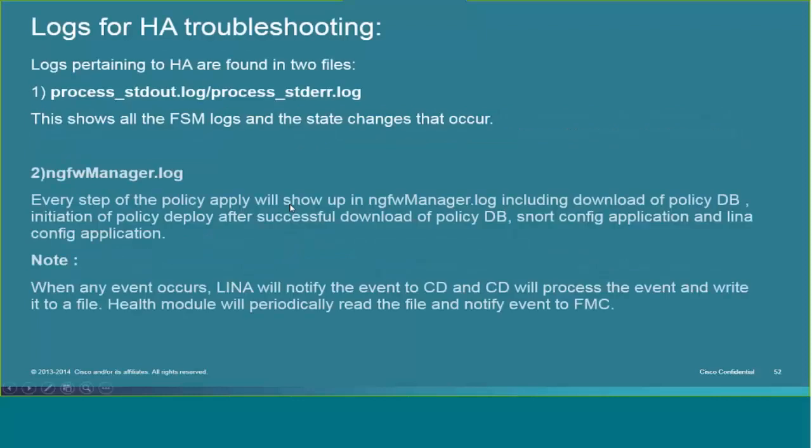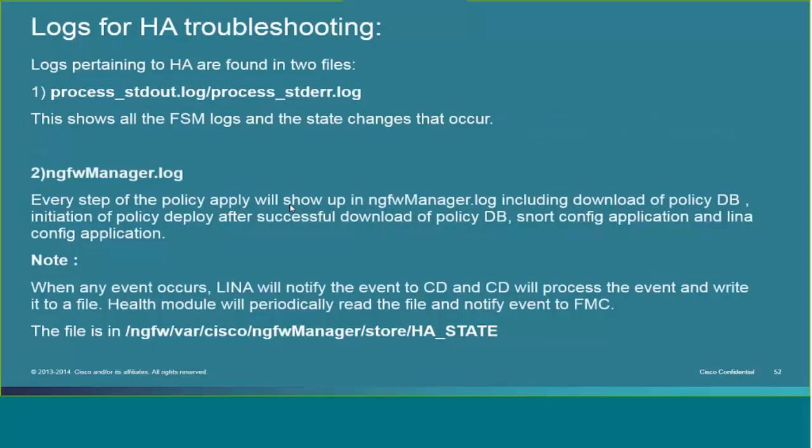So now there are certain log files that we here in TAC check when there is an issue on the FTD HA. There are two important files that I would like to talk about. First is process_stdout.log and process_stderr.log. These two logs have the transition stages, the FSM. By FSM I mean the finite state machine logs.